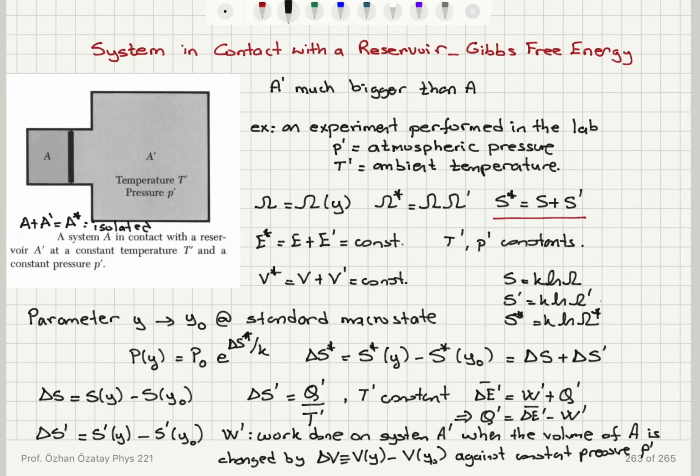So we have the change in the entropy of system A prime, due to the fundamental relation of thermodynamics, is Q prime, the heat absorbed by system A prime, divided by its constant temperature T prime. The change in the energy of system A prime is the work done on system A prime plus the heat added to system A prime, first law of thermodynamics. So the heat added to system A prime is delta E prime bar minus W prime.